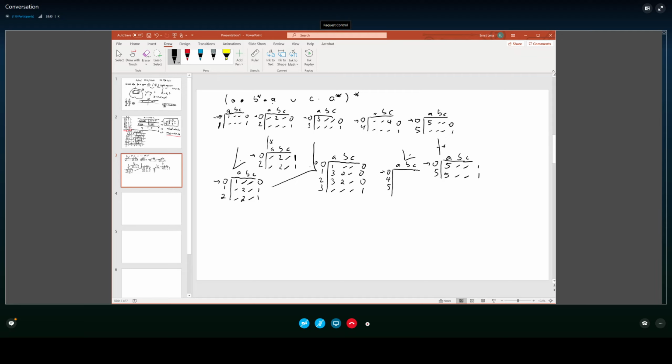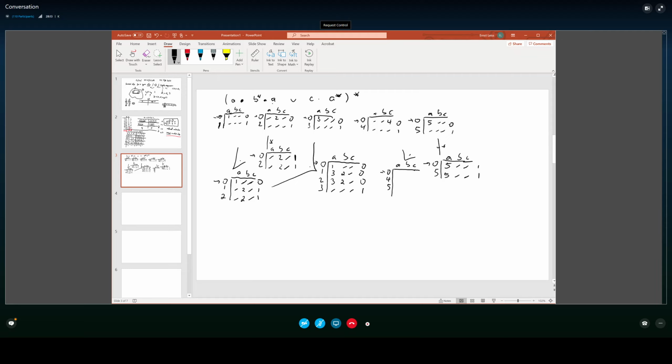And so the deterministic finite automaton is this, and we still have to determine what are the final states. Well, obviously 0 is accepting, 1 is rejecting.